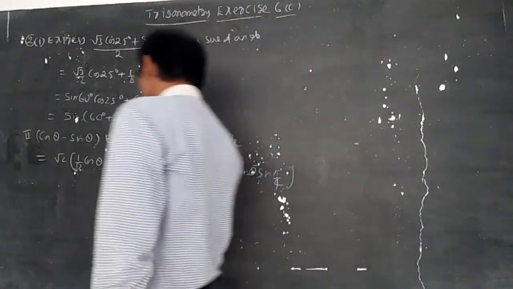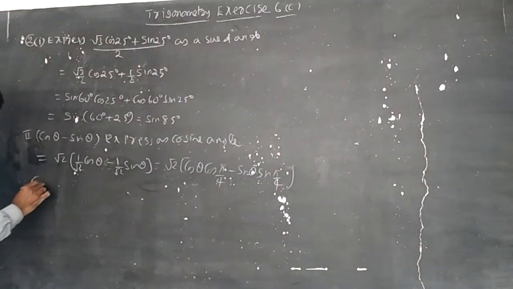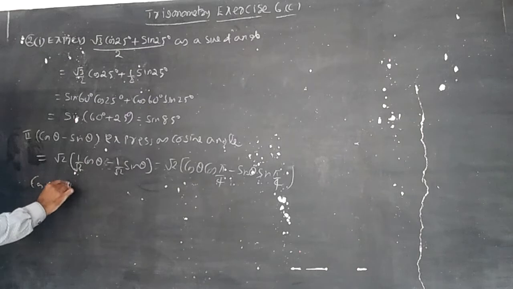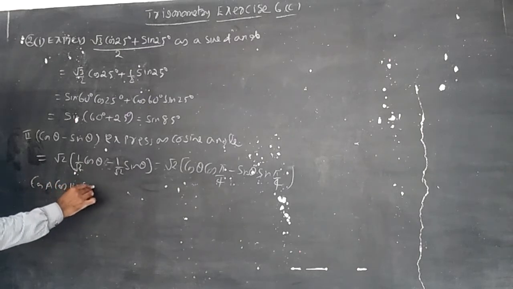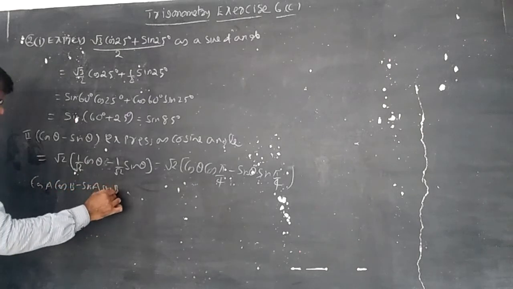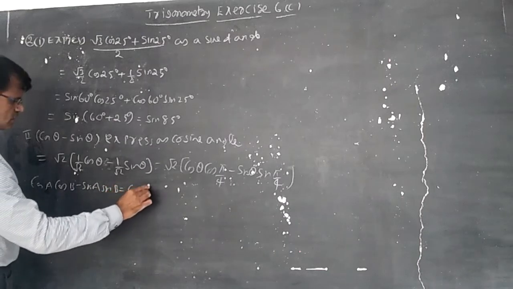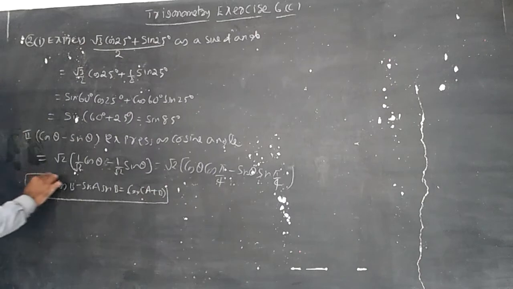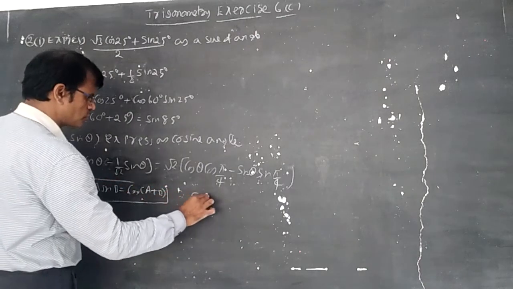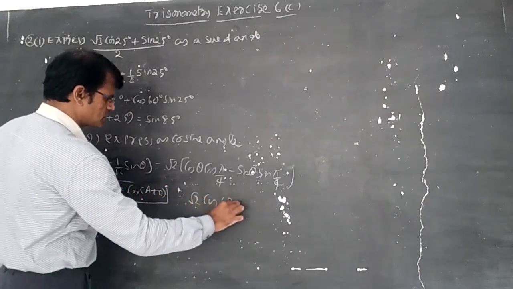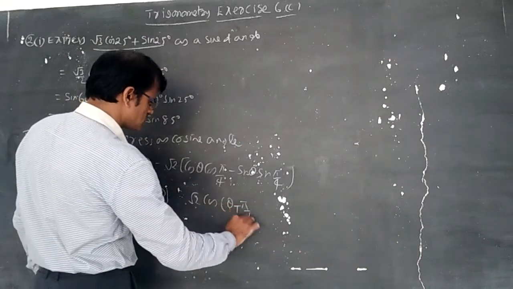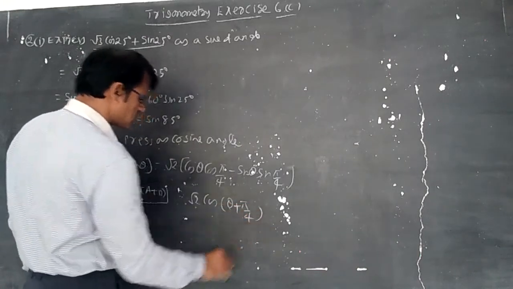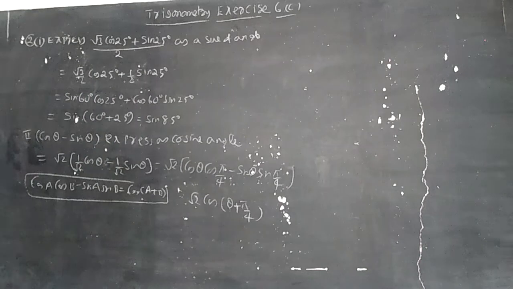Now you can understand the formula of cos a cos b minus sin a sin b is cos of a plus b. So that is equal to root 2 into cos of theta plus pi by 4.